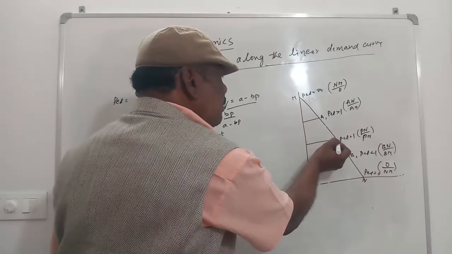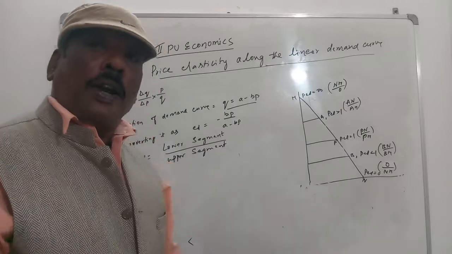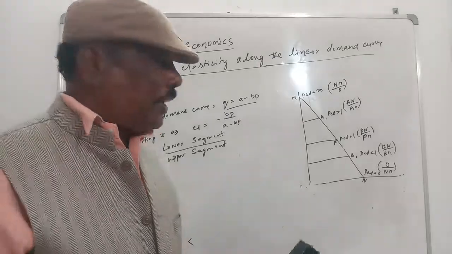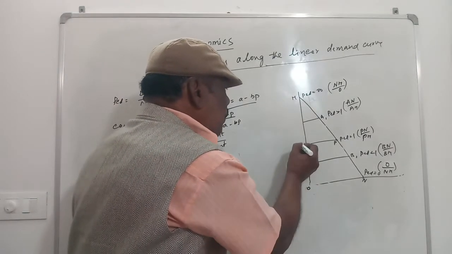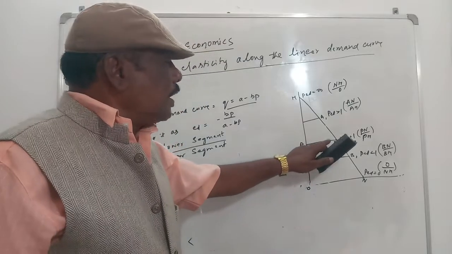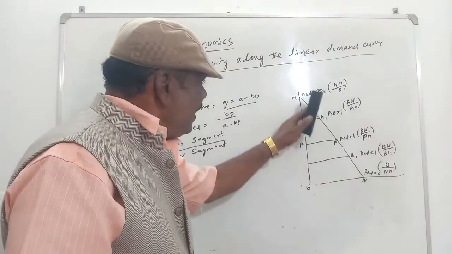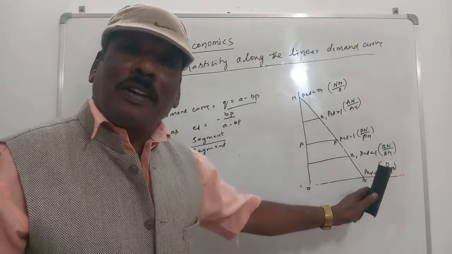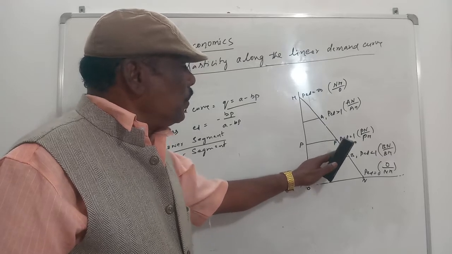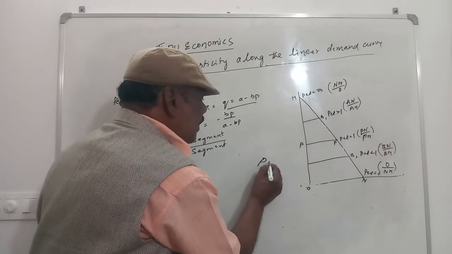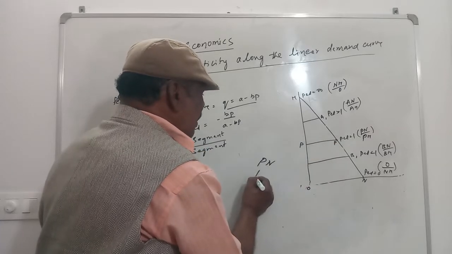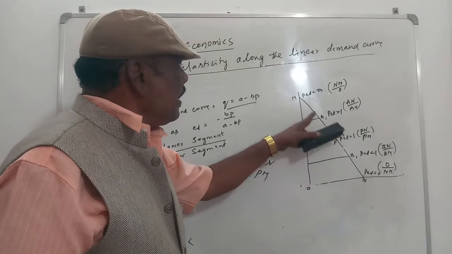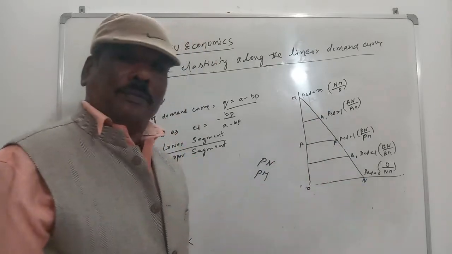Here see, this is P. P is a point which divides the line into two segments. So OP is the point here, and this point P divides the line, which line? The MN line, that is the linear demand curve, and that is divided into two: PM and PN.